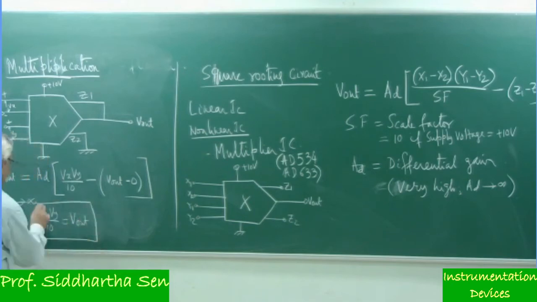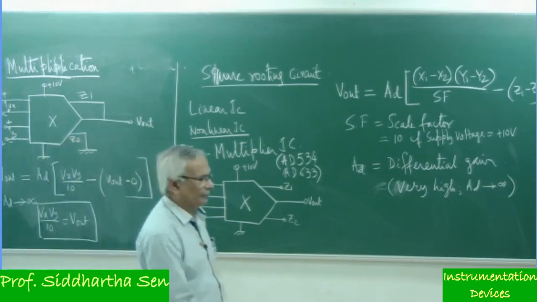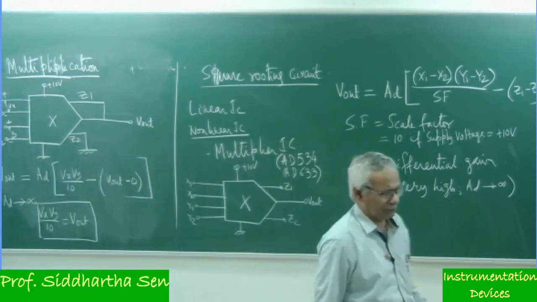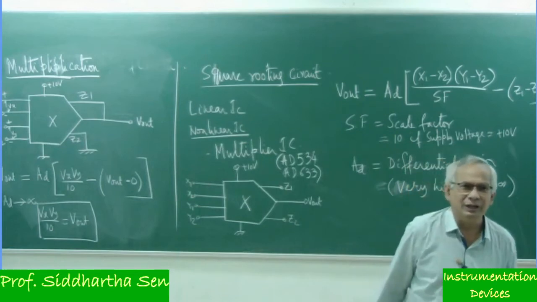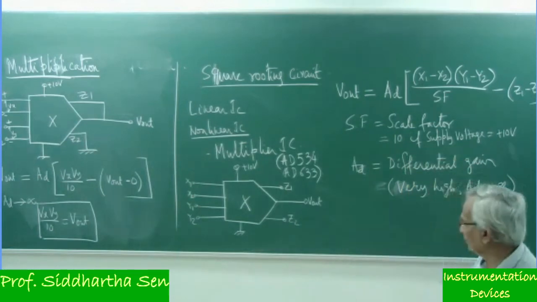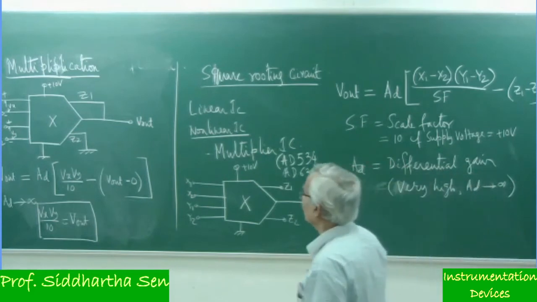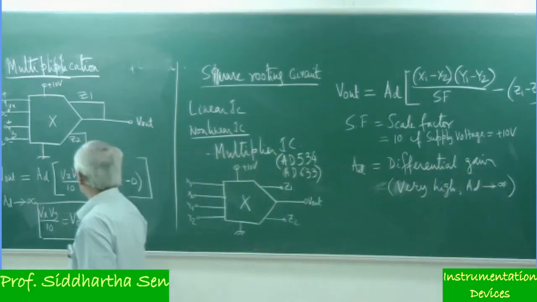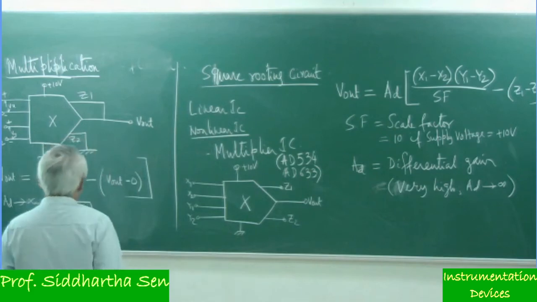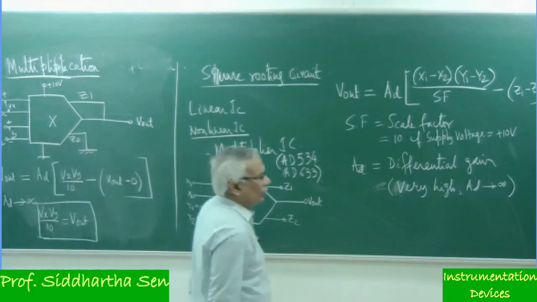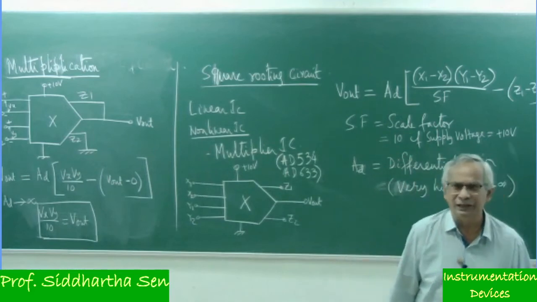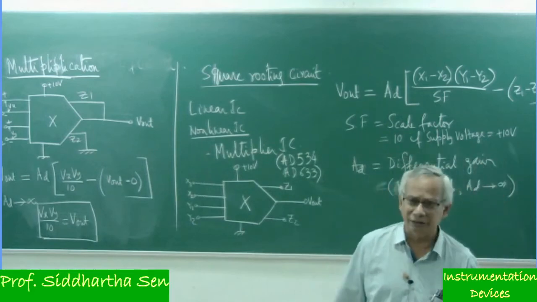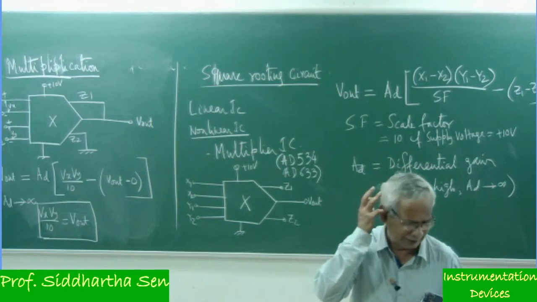So the output voltage is proportional to the multiplication of two voltages, Vx and Vy. It's a nice way to multiply two signals. If we can multiply two signals, obviously we can divide one signal by another signal.